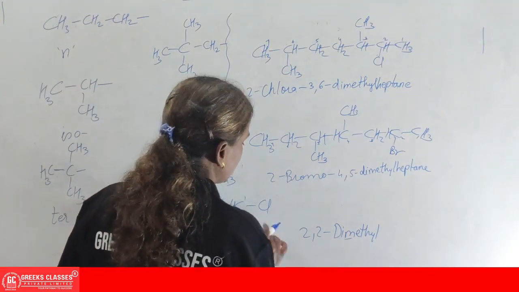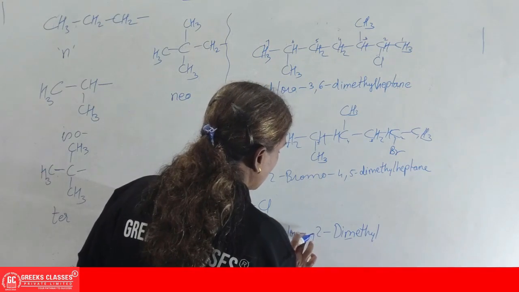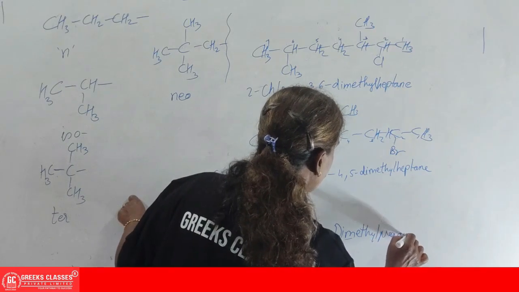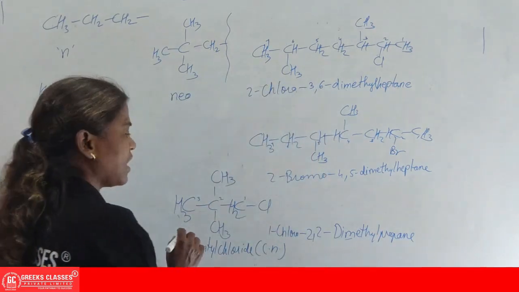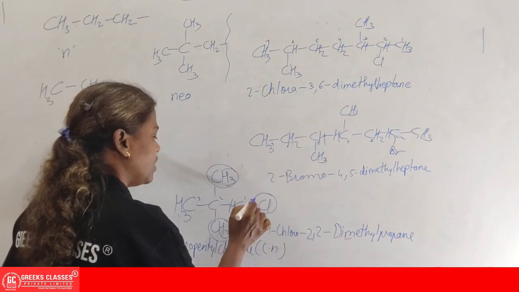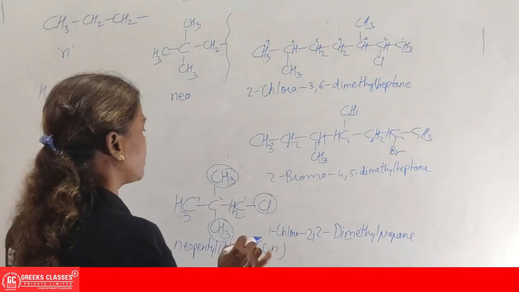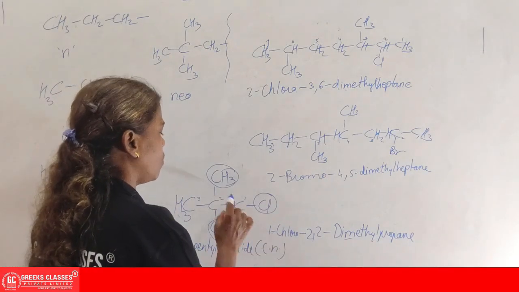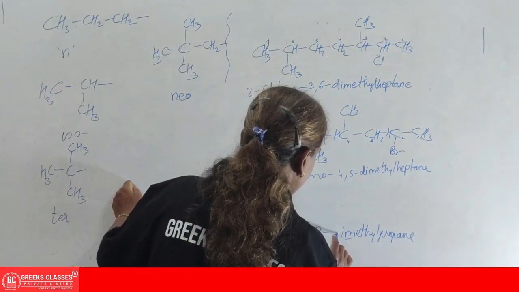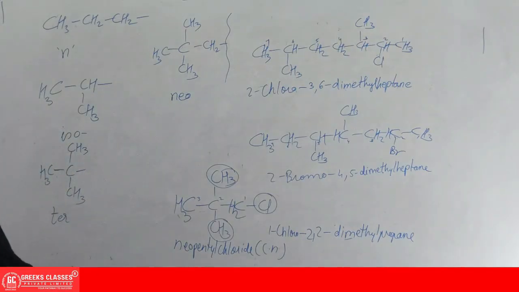First, let us identify the substituents and then put them in alphabetical order irrespective of the number they bear. So at carbon number 1 it is chloro, so 1-chloro-2,2-dimethylpropane. So this is the nomenclature for some of the compounds I have shown you.